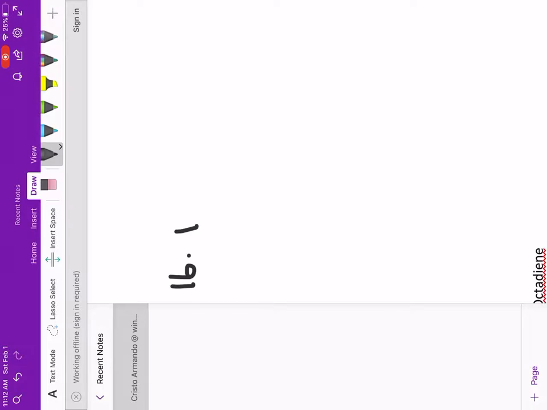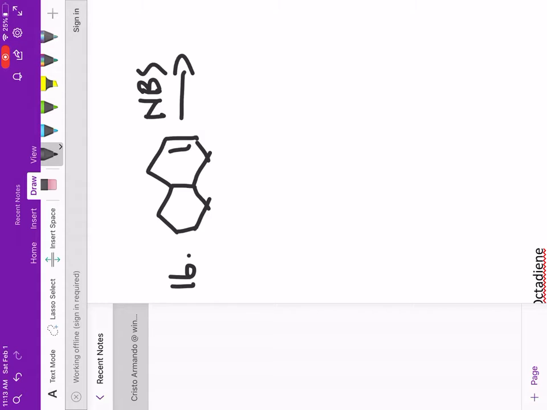Number 16, we have the following molecule. And NBS in light. NBS in light, we've learned from lecture, undergoes a radical mechanism to produce its products.